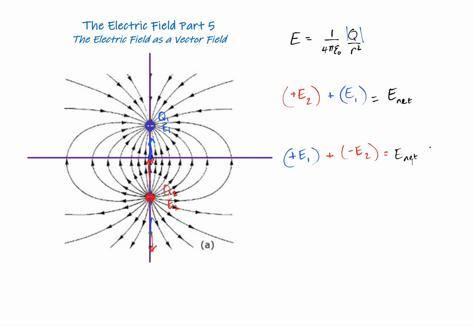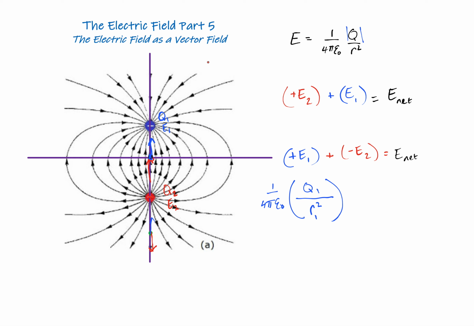Now, you might be thinking, wouldn't this just cancel out over here? Well, not necessarily, and in fact, not in this case. So I'm going to expand this equation. I'm going to say E1 is equal to, and I'm going to leave the constant way out front here, Q1 over R1 squared, because it's the distance from Q1 to that point.